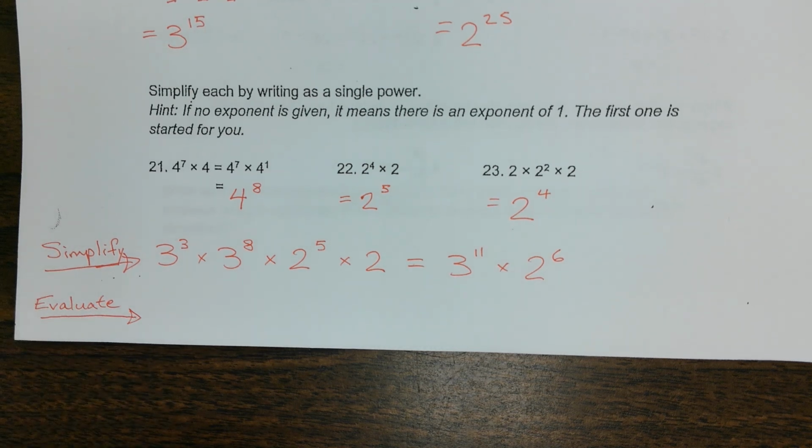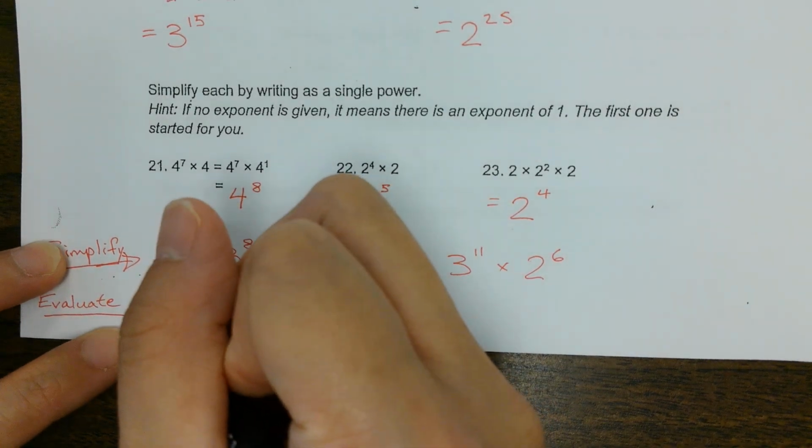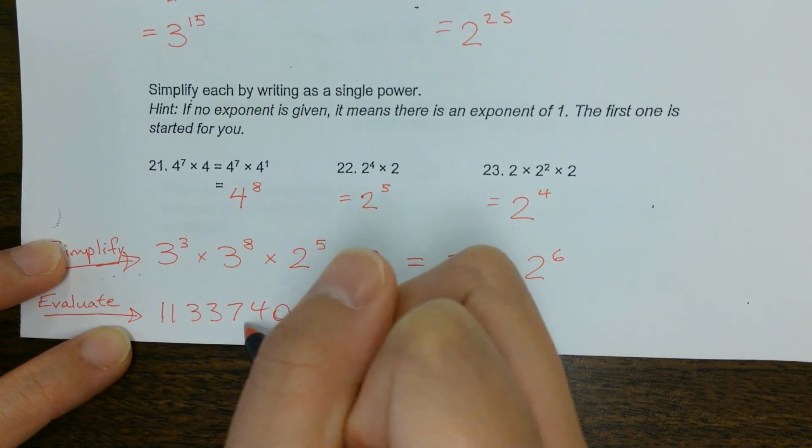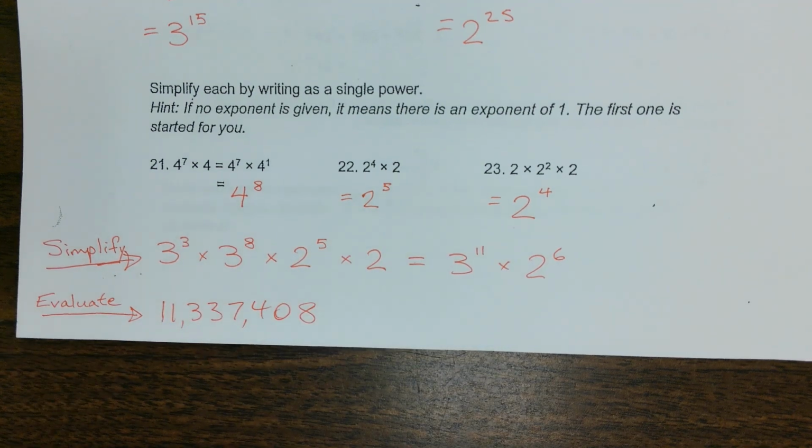Okay, what do you get if the question says evaluate? It's possible. Your calculator can do it. 11337408. Yeah. So that is 11 million.